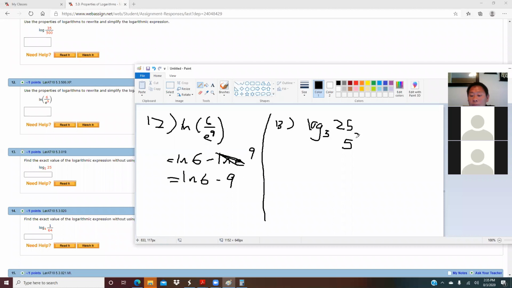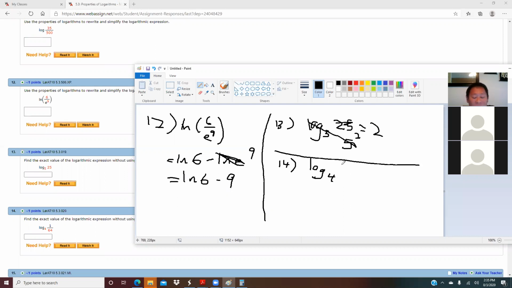Yep. So the log 5 will cancel because your bases are the same. You can cancel. So your answer here is 2. Okay. So that's why we want to make the base the same, because once the base is the same, you can cancel it.